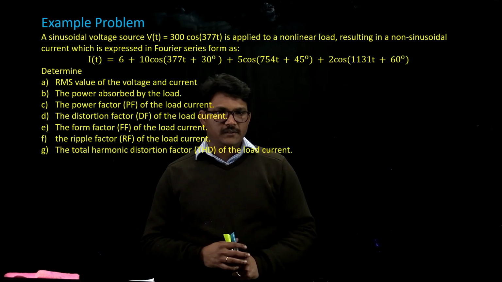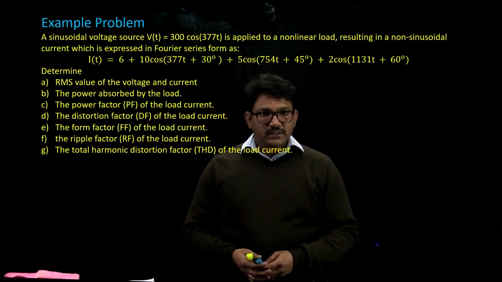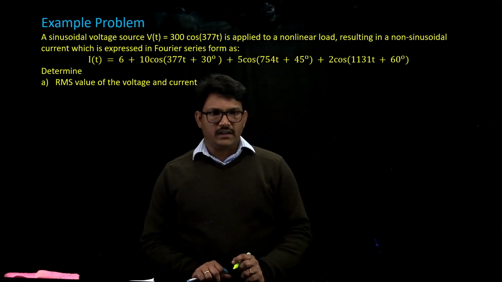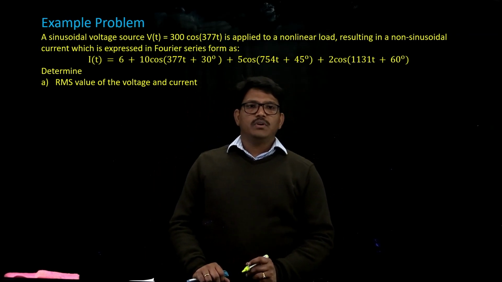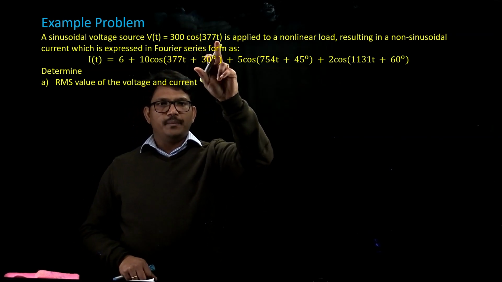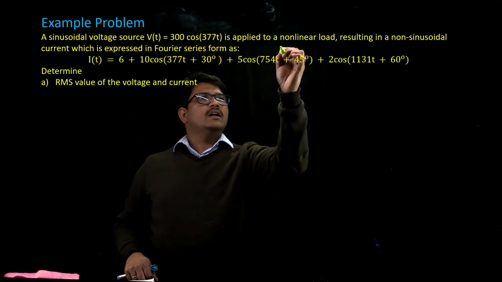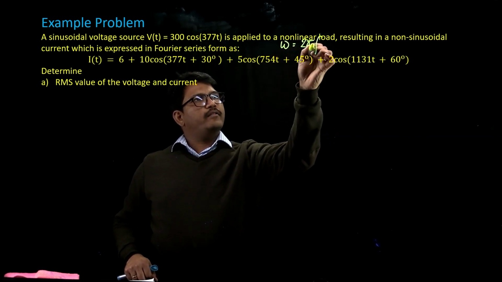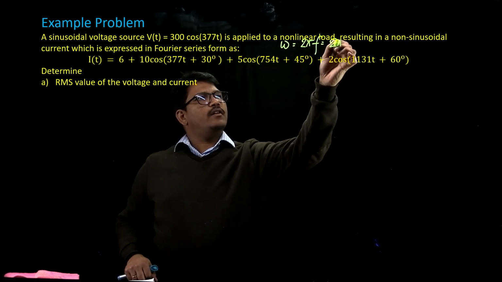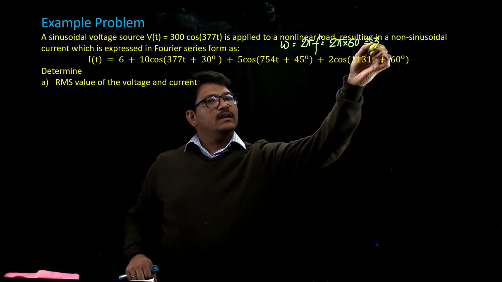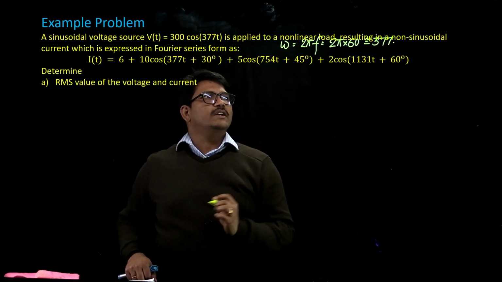In order to do that, the first thing is the RMS value of the voltage and current. Now we see that the voltage is V max, that is 300 cos omega t. Here omega is 2 pi f, considering a frequency of 60 Hz, which is approximately 377.